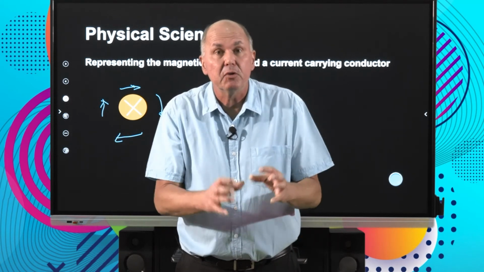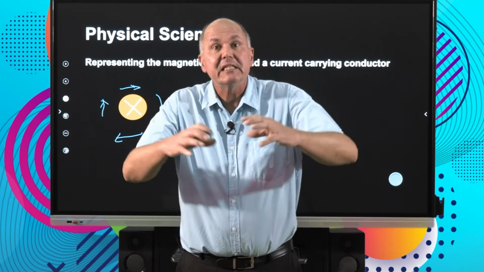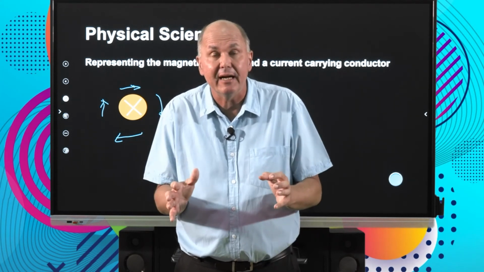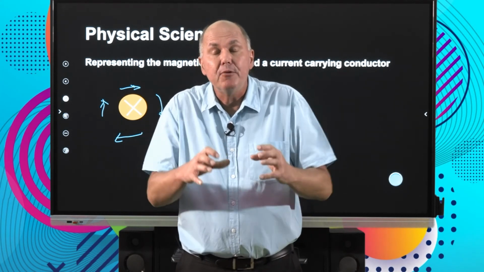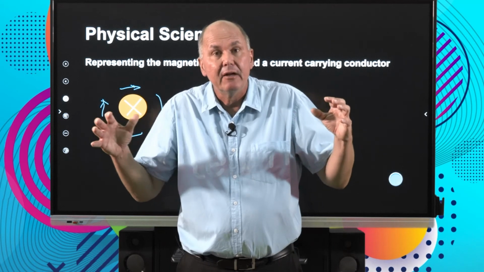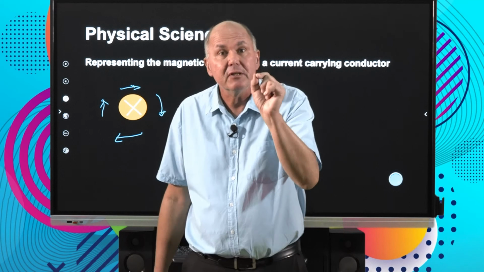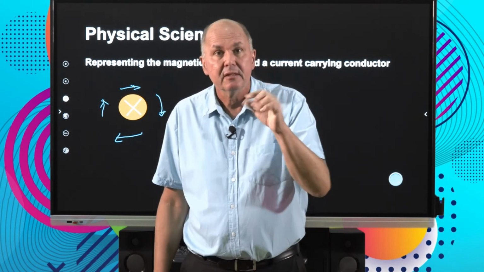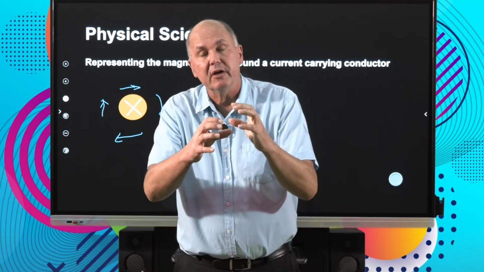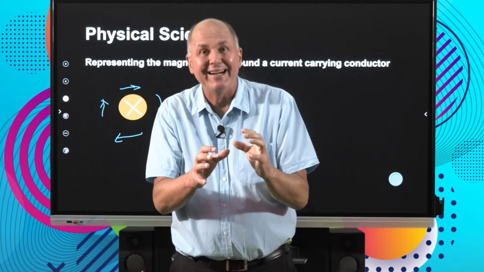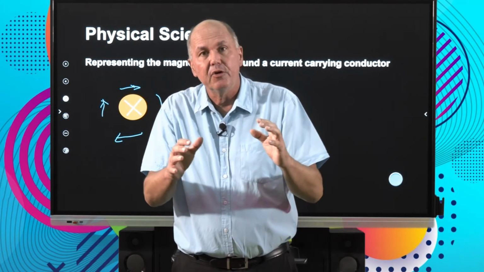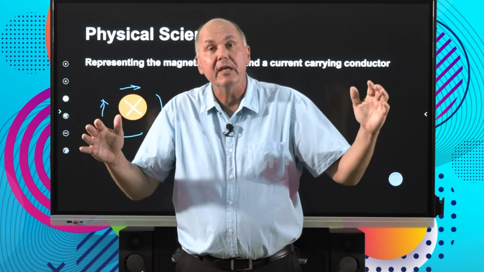But in fact, what we can do is we can expand on the pattern that is given by the iron filings, and we can represent this magnetic field in terms of field lines. Now remember, field lines may not cross each other. So we start with those that are close to the conductor, and as they go further apart, we know the field weakens.